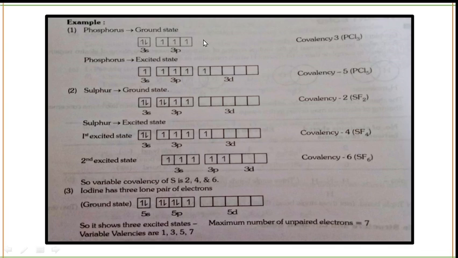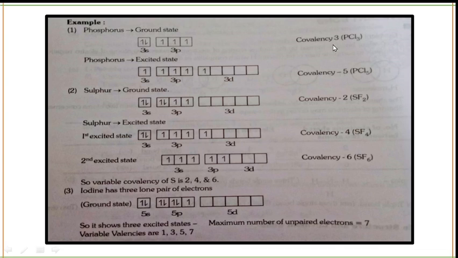As you know, valency is the number of unpaired electrons present in the outermost orbital. As you can see here, 3p has 3 unpaired electrons. That's why the valency of phosphorus is 3.